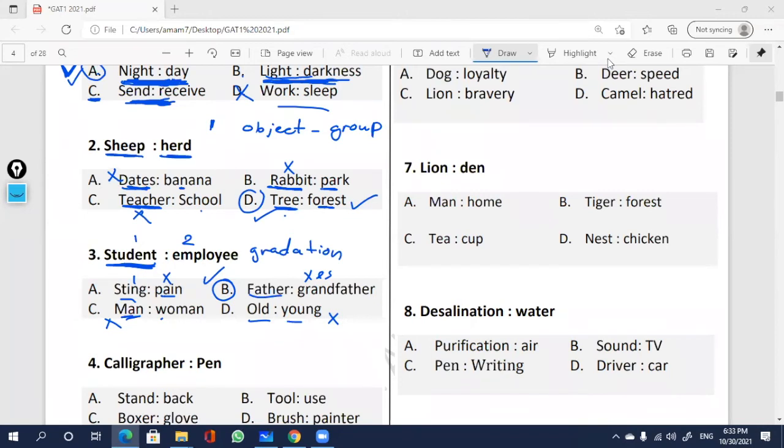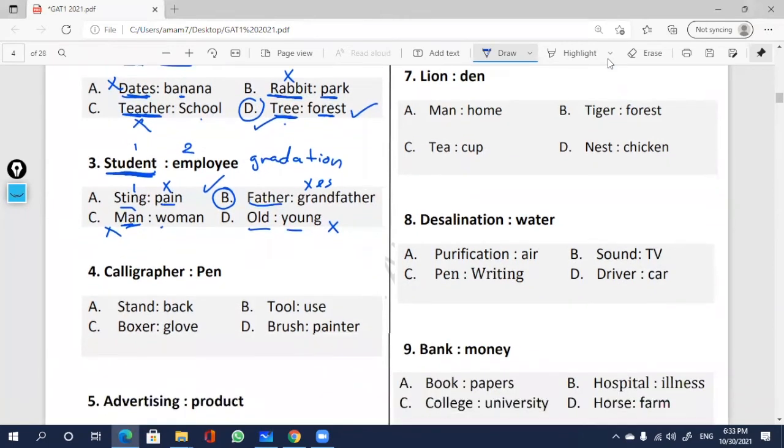Yara. I said that calligrapher was the job and pen is what they use in the job. Yeah, a calligrapher needs a pen. I put C as the answer because a boxer needs a glove. Excellent. Here, stand needs back, no. Tool needs use, no. Brush needs a painter, no. A painter needs a brush.